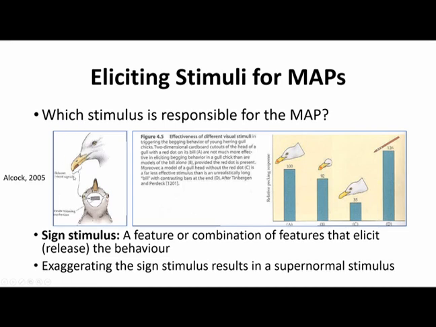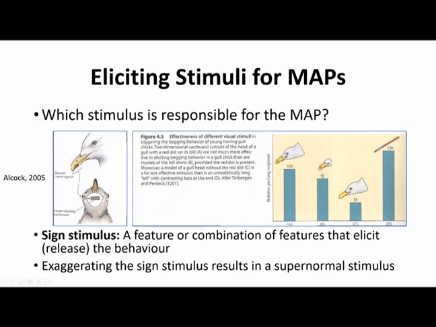So we have to pick it apart and see which aspect of this system is our sign stimulus, which is essential for this particular response. And so for the basics of this experiment, we're really just going to look at this diagram over here, but this would be, do chicks peck at a fake head?